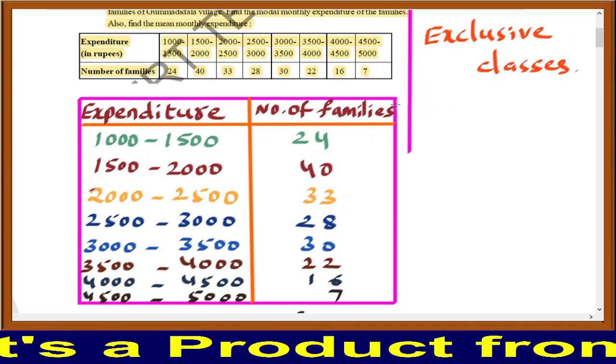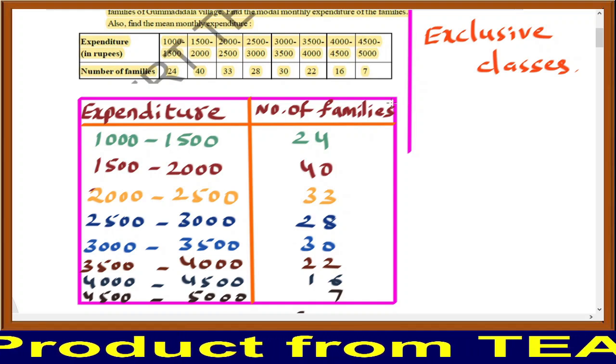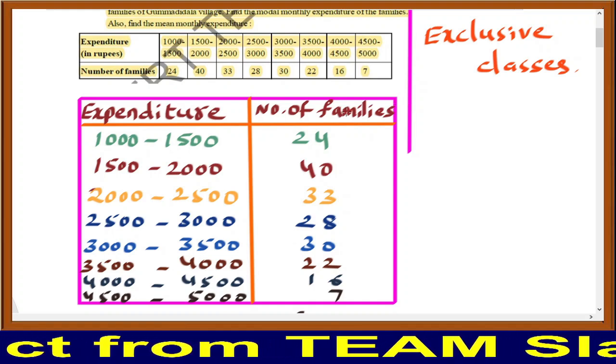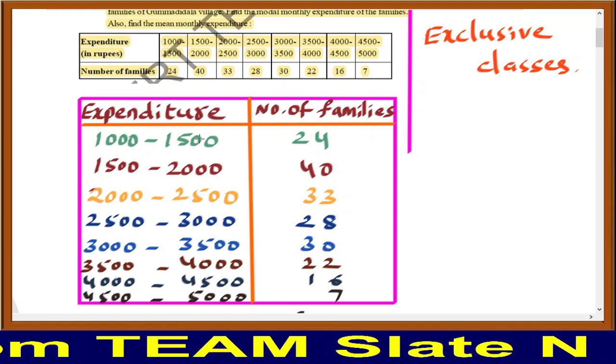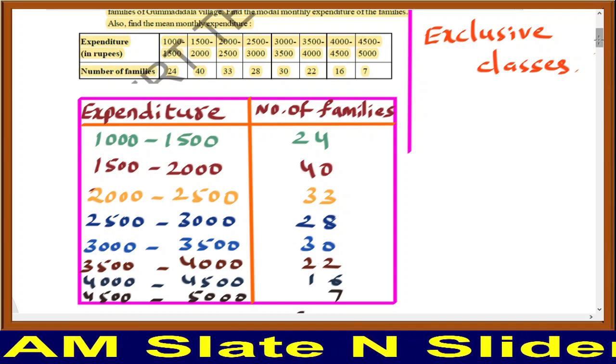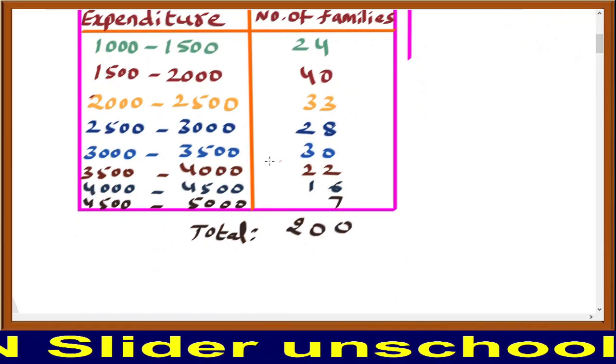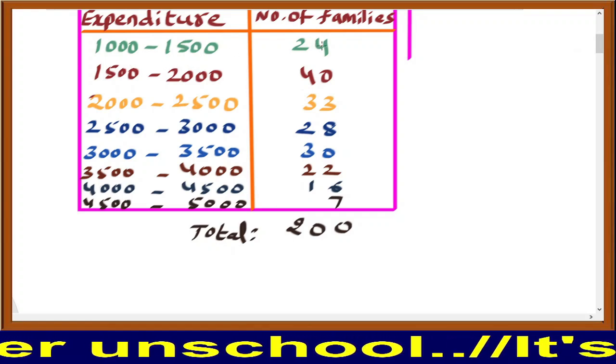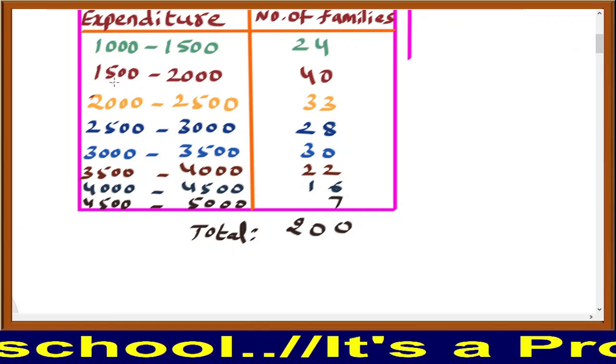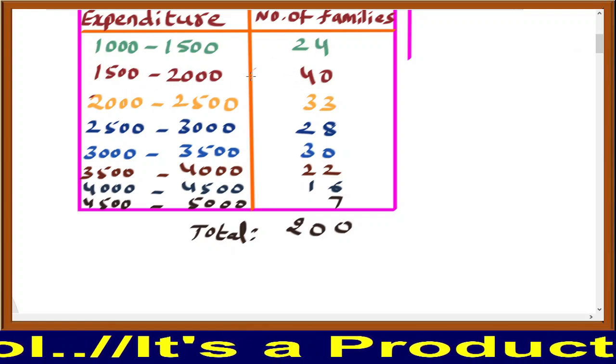For exclusive classes, lower limits and lower boundaries are equal, upper limits and upper boundaries are equal. We have learnt this in 9th class itself. So, draw the table first: 1000 to 1500, 24 families; 1500 to 2000, 40 families; like this you have to write.